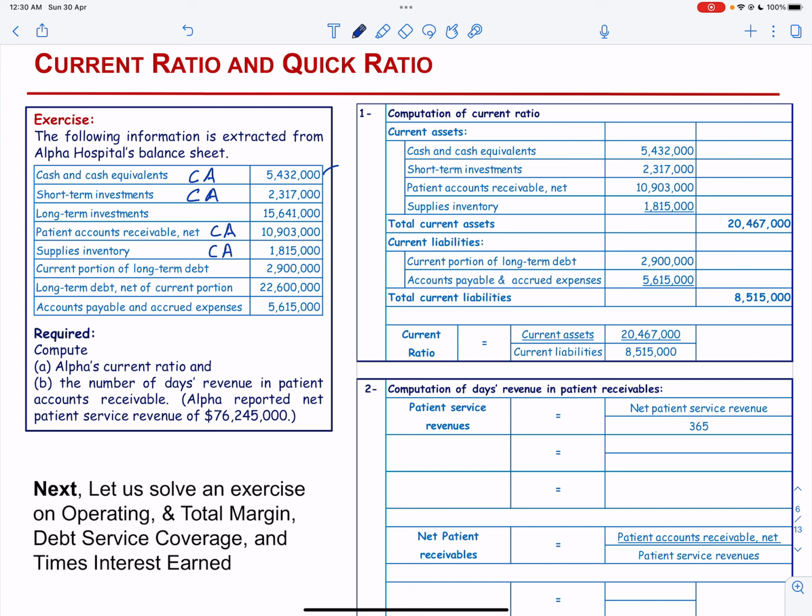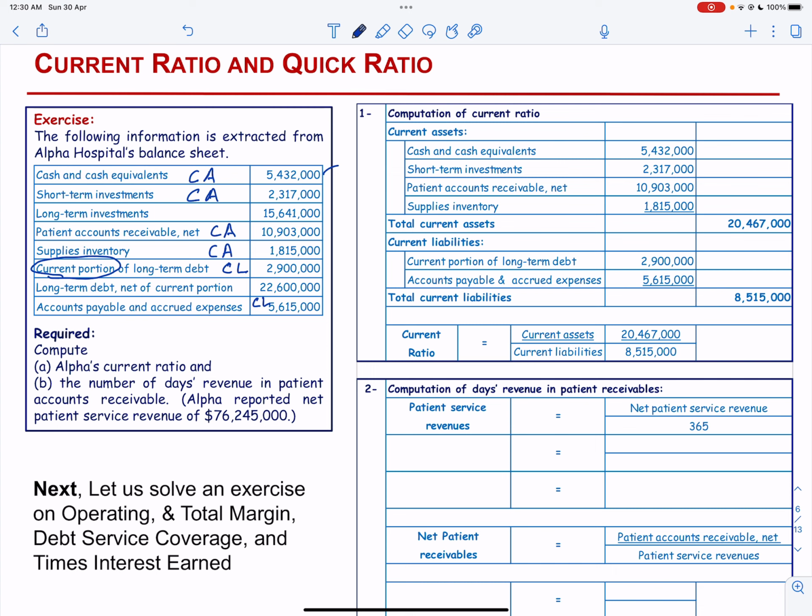Then we have the current portion of the long-term debt, and this is a current liability. Long-term debt is not a current liability. Then we have accounts payable and accrued expenses, and these are current liabilities.